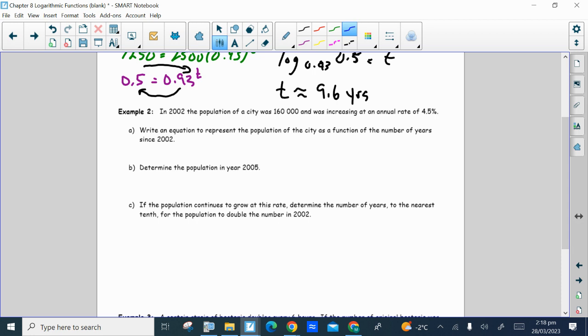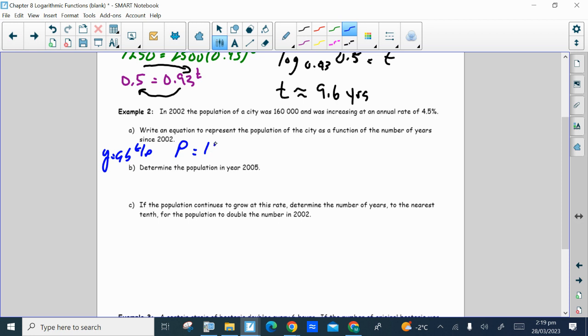Example 2 says in 2002, the population of the city was 160,000 and was increasing at an annual rate of 4.5%. Write an equation to represent the population of the city as a function of the number of years since 2002. So P, the population, again, using that exponential function formula, which is y equals a times b to the power t over p. So instead of y equals, let's say p equals for the population.